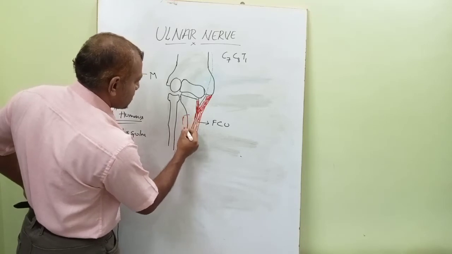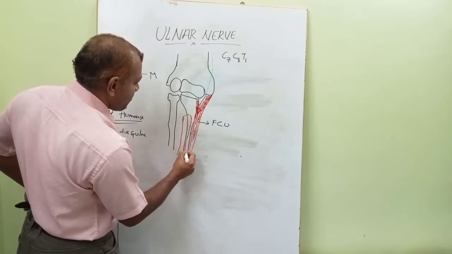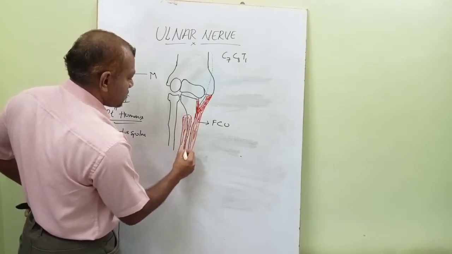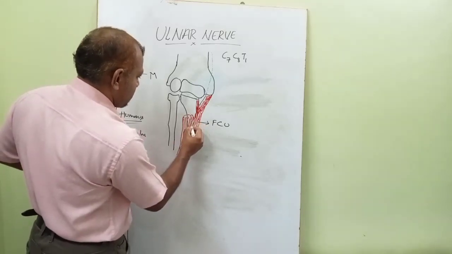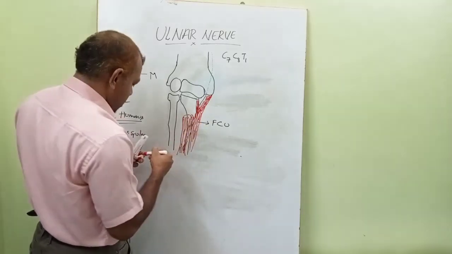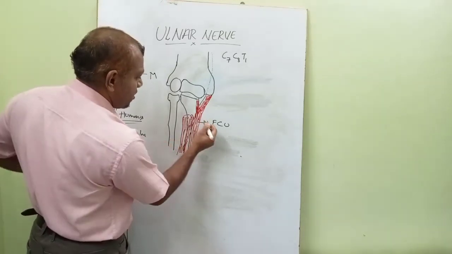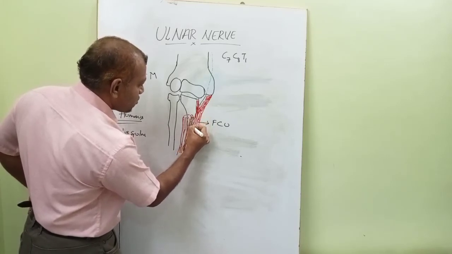So deep to this flexor carpi ulnaris, this is nothing but your flexor digitorum profundus muscle. This ulnar nerve is running deep to the flexor carpi ulnaris and superficial to this flexor digitorum profundus.